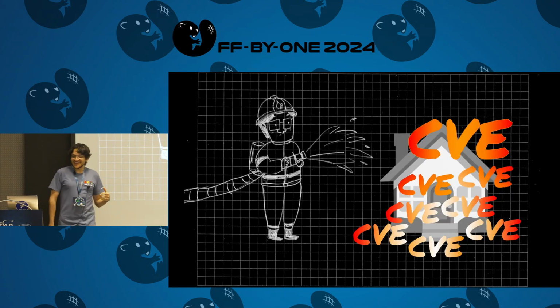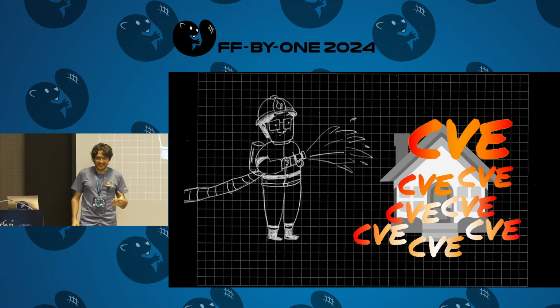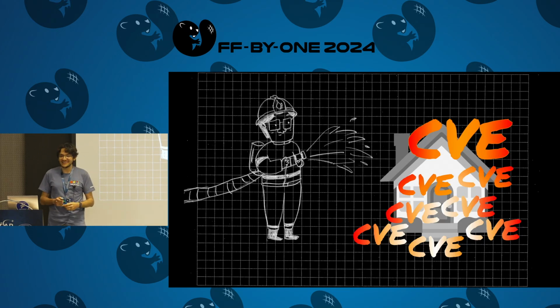So good. The way that I want to express this is that the way that we react to security problems nowadays is mostly as if they were a fire or an incident or something that requires immediate attention or immediate response.